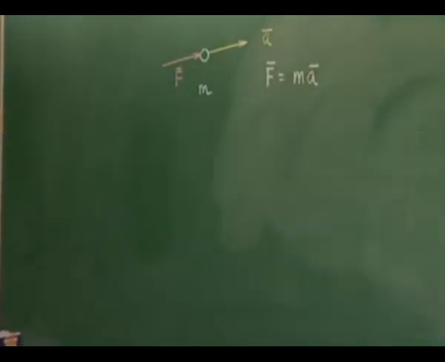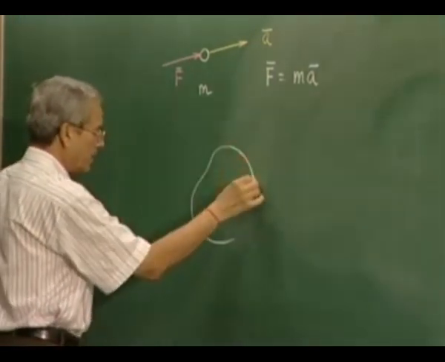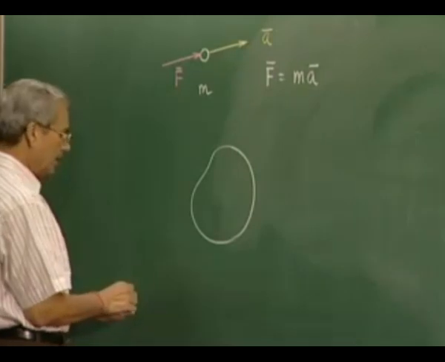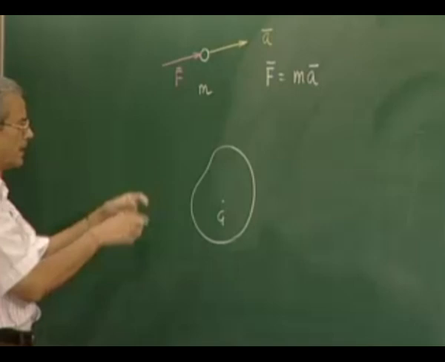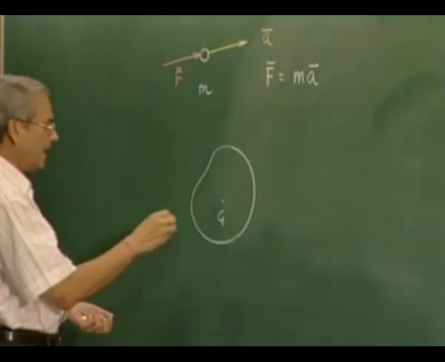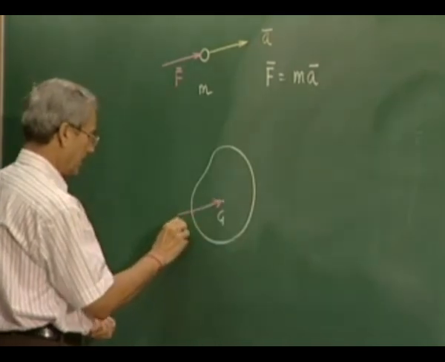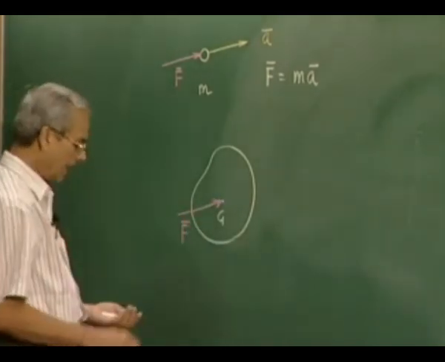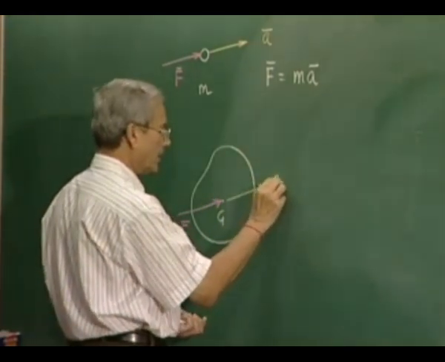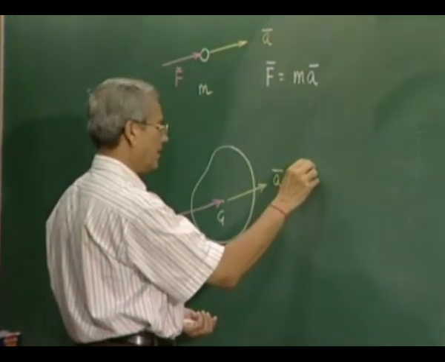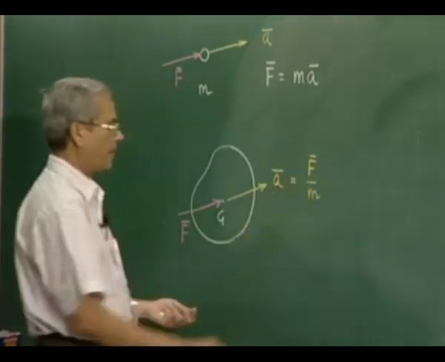Now instead of a particle, if you take a rigid body, you have already seen in our first module lectures that if the resultant force, that means the resultant of all the external forces acting on the body, can be represented by a force F, then the linear acceleration A of the center of mass will be F divided by the mass of the body.